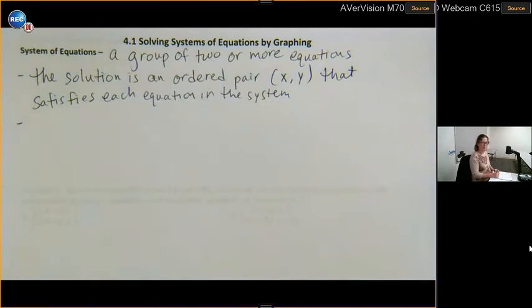If we are given an ordered pair, we can check that it is a solution by substituting it into the original equations to see if it's true.